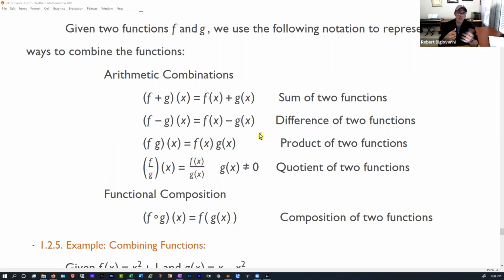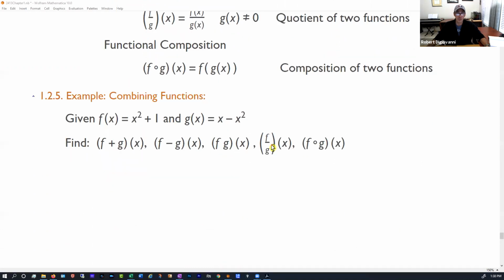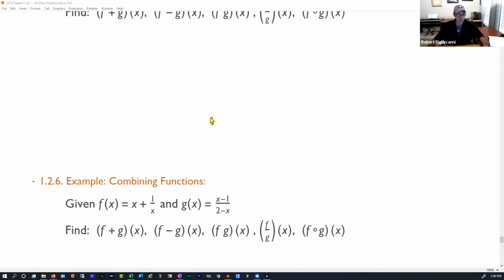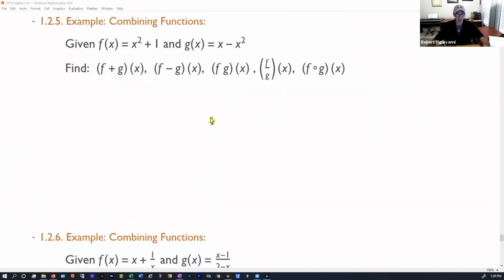I know when I learned it in college algebra, I wasn't quite sure why we needed to do composition. In this class, you will see why composition is important to understand, all right? So I want to take some time to make sure that you can do composition. I'm not going to do examples of addition, subtraction, multiplication, division, because I would expect you could do that. But I do want to do composition.